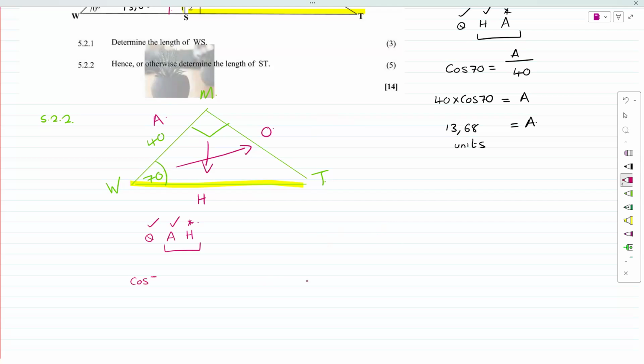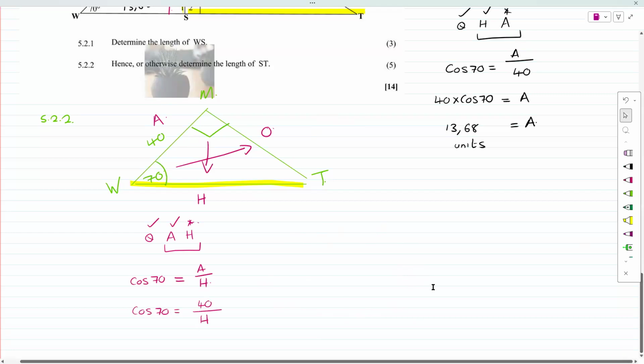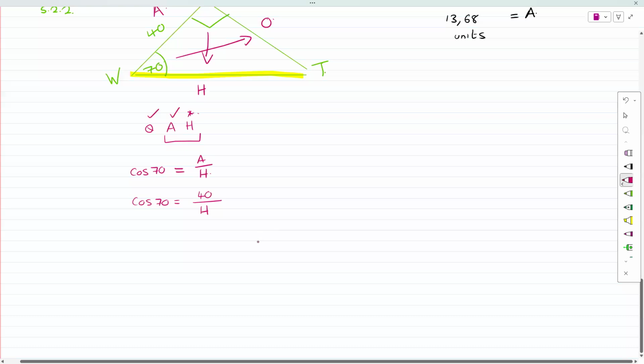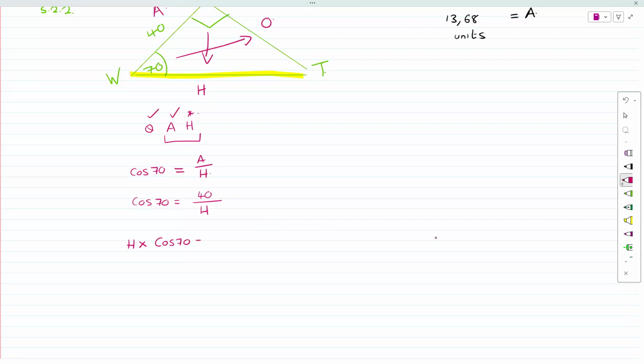So cos of 70 has to equal A over H. Cos of 70 has to equal 40 over H. Now, guys, the H is on the bottom. Algebra is a problem for most of you. So that's h times cos 70 equals 40, and h equals 40 over cos 70.